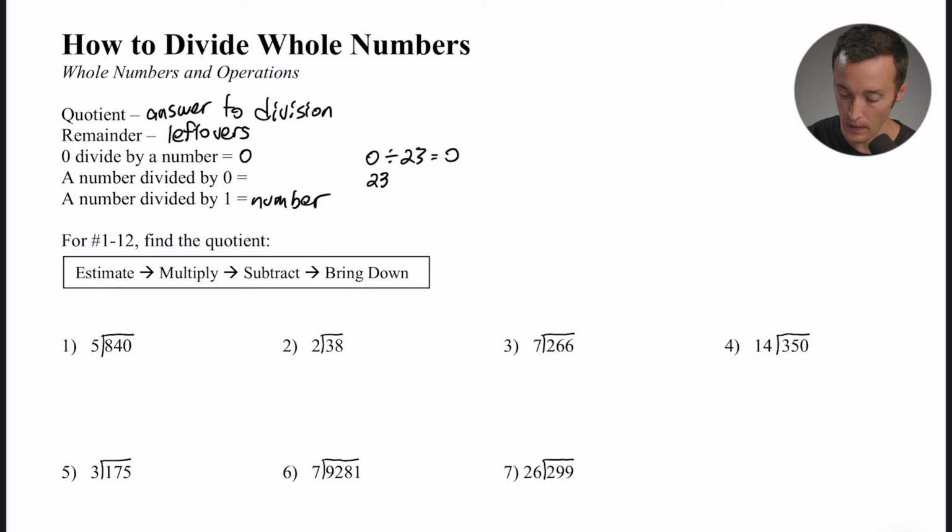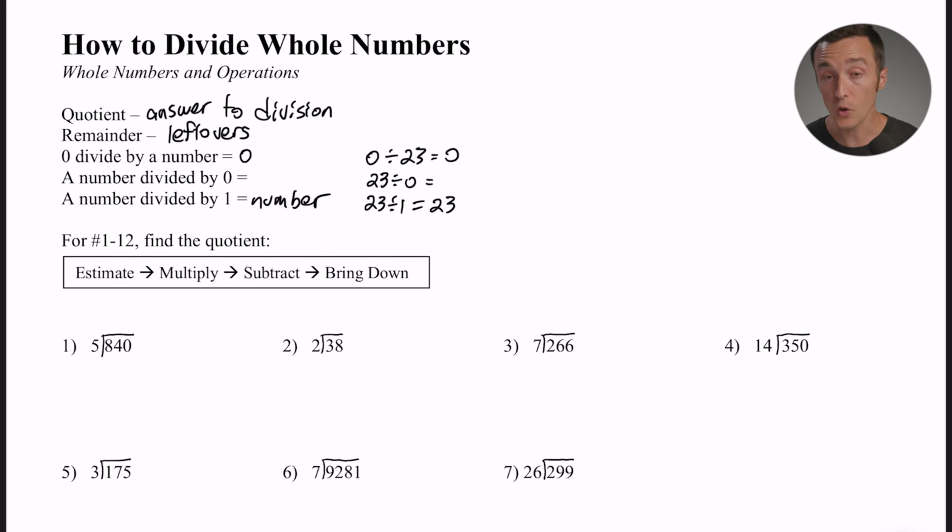If you tried to flip that and you did 23 divided by 0, you're actually not allowed to do that. There is no answer. You're not allowed to divide by 0. But what happens if you did 23 divided by 1? Well, it would be whatever the number was. So in this case, it's 23. So just keep that in mind as we're working through these problems.